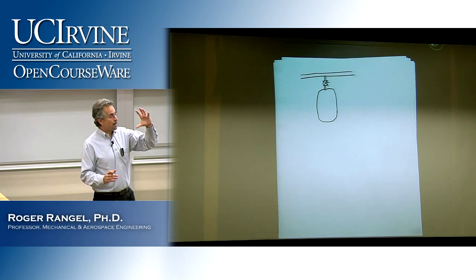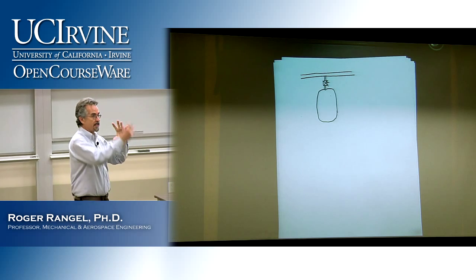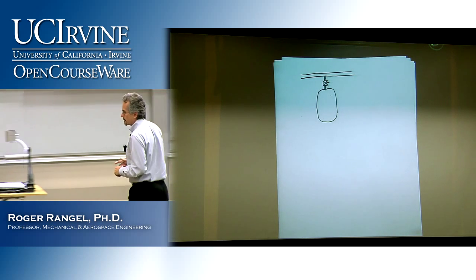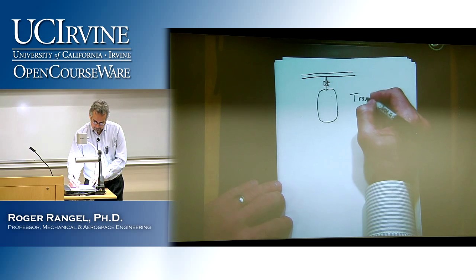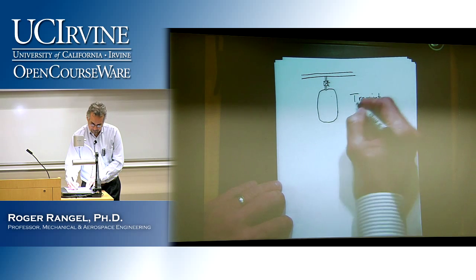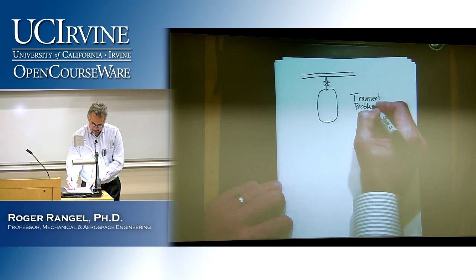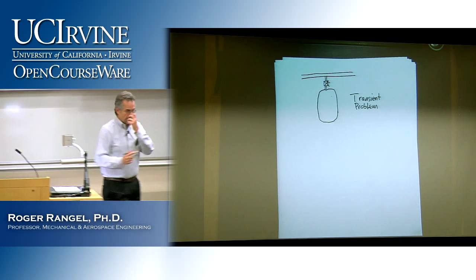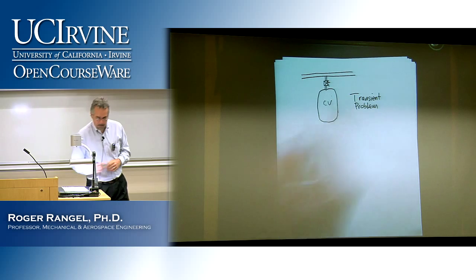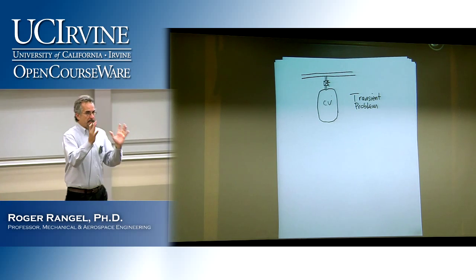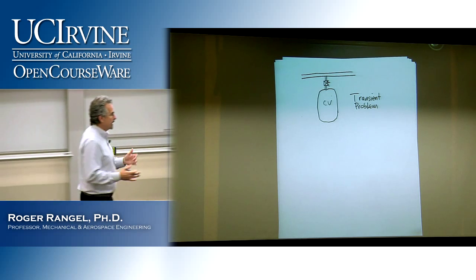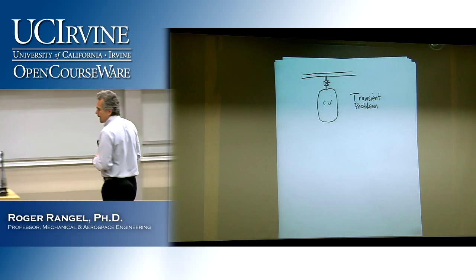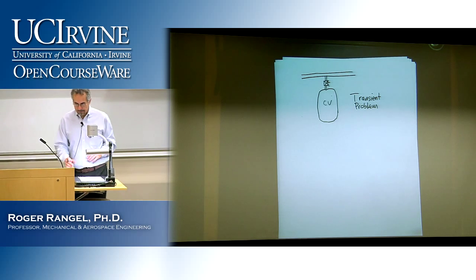And if I look at what's happening inside that container as it gets filled, then that's a transient problem. Because if I now look at this control volume, and I look at it at different times, it doesn't look the same at different times. It's more fluid in as time passes until the process ends.